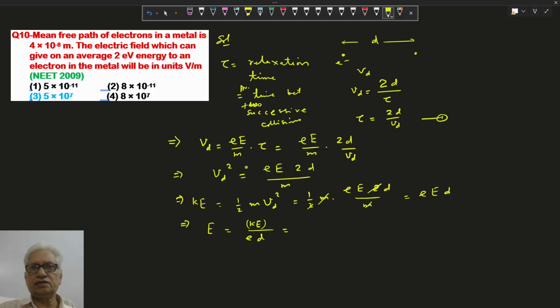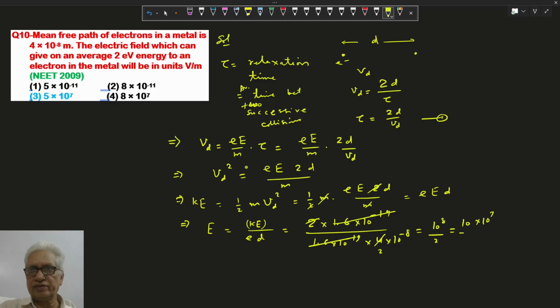Kinetic energy in electron volt is changed to joule, with the charge of the electron, and the powers cancel. We can write 10 into 10 power 7 upon 2. So electrical field will be 5 into 10 power 7 per meter. This is the answer, so here option.